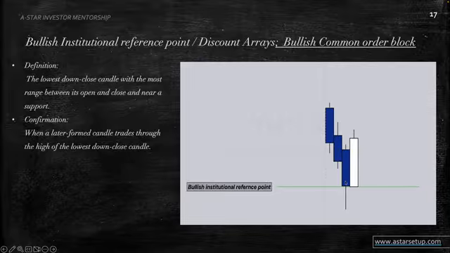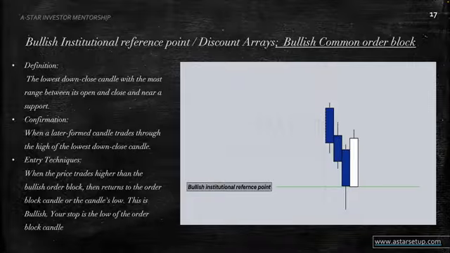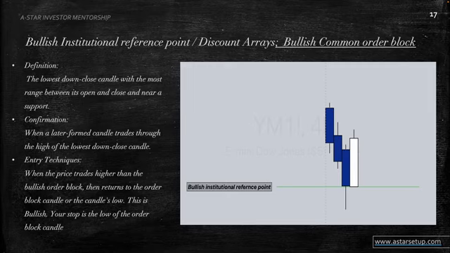Now confirmation for this setup is that the next candle that forms should be an up close candle, and that up close candle should trade higher than the high of the previous candle. Once that happens, the order block is confirmed, and you can look for an entry. Now, your entry technique is after price trades through the high of the bullish order block.